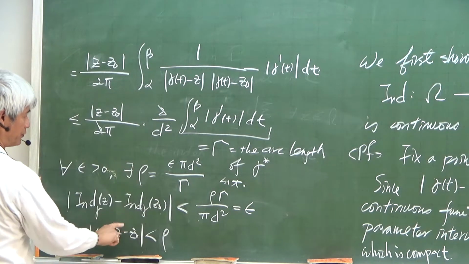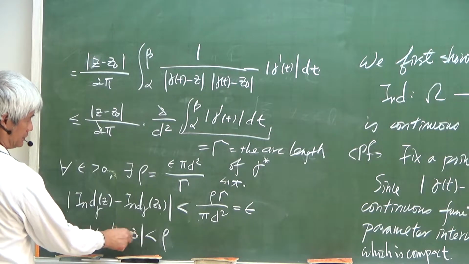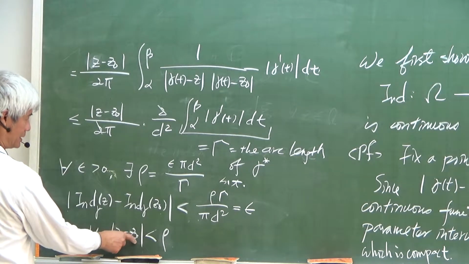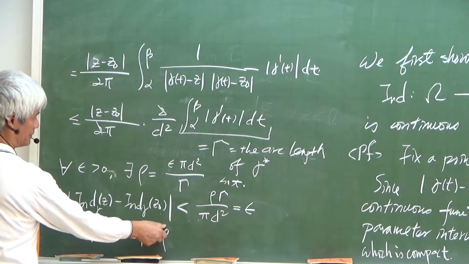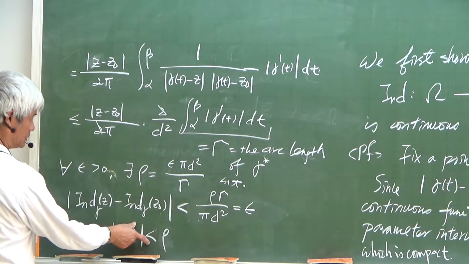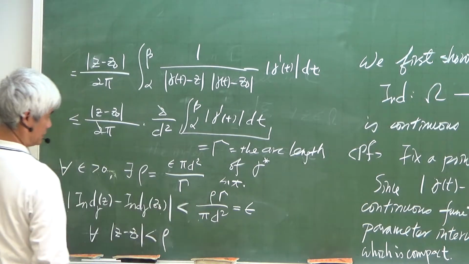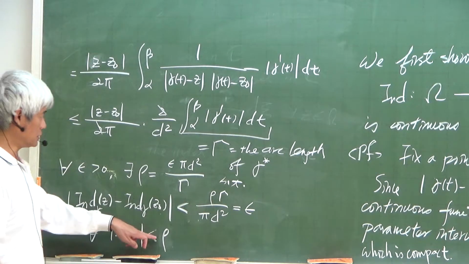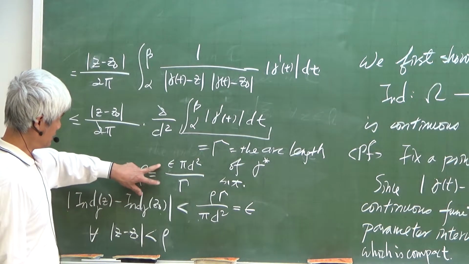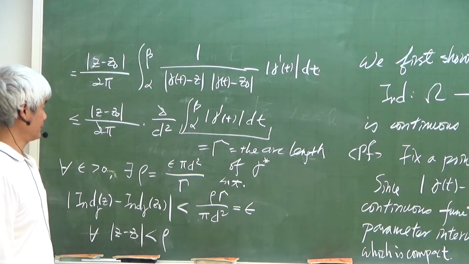And then we try to find a disk centered at z0 with sufficiently small radius to assure that the difference is less than epsilon, and we find that we can find such a rho just by doing this assignment.